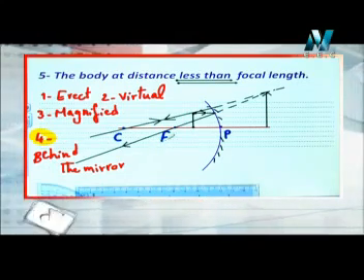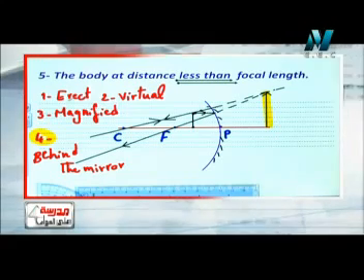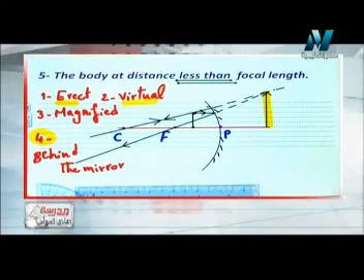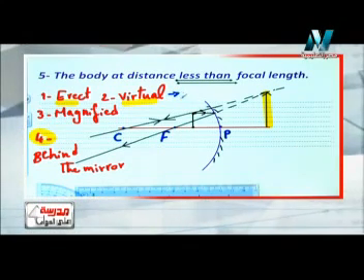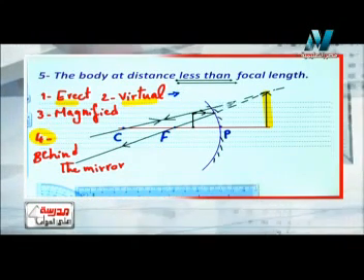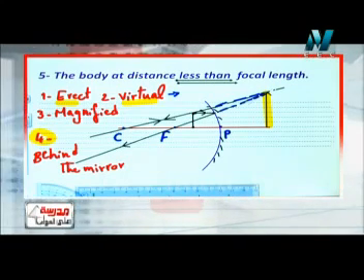Imagine there is nothing behind the mirror, of course, we know that. So the image here is what? Erect and virtual. Why virtual? How do I answer this? Virtual because it is formed due to the intersection of extensions of reflected rays.